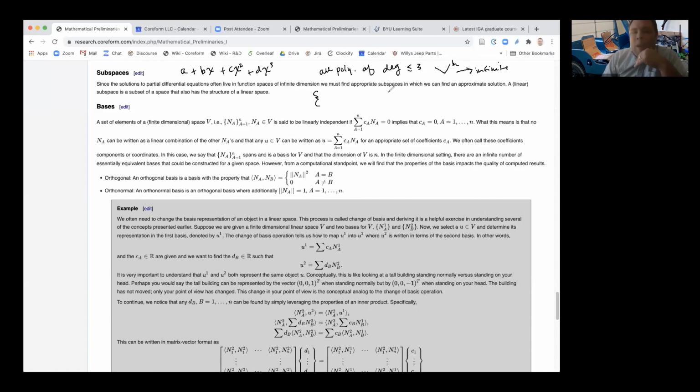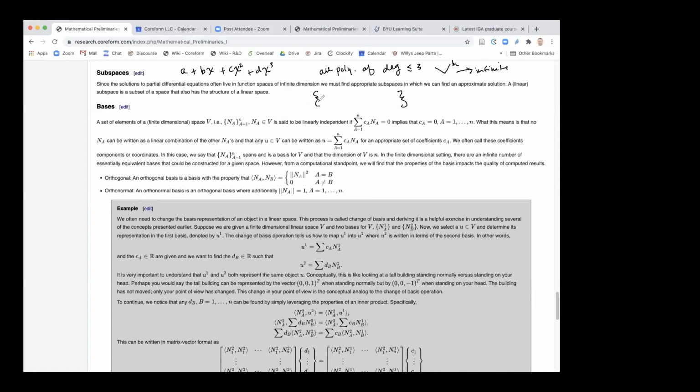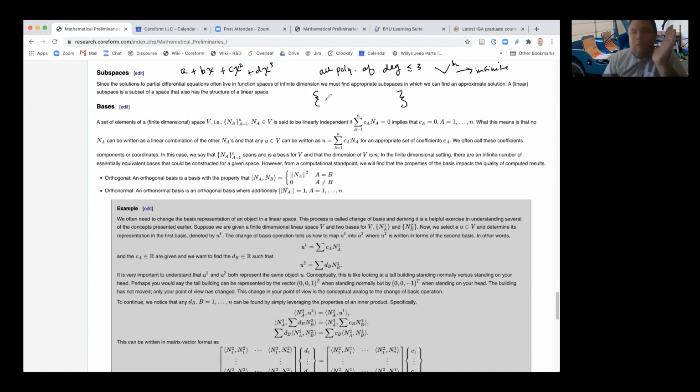But what is the basis for the space? Somebody tell me, you guys tell me. Are you looking for like a degree? Well, I'm looking specifically for the precise, I want to write down exactly what the basis for all polynomials of degree less than or equal to 3 is.